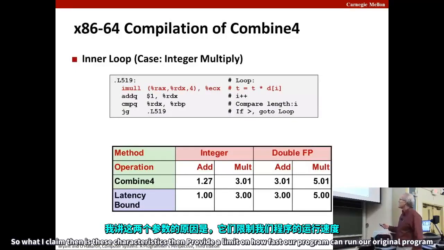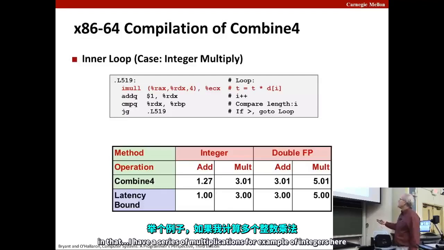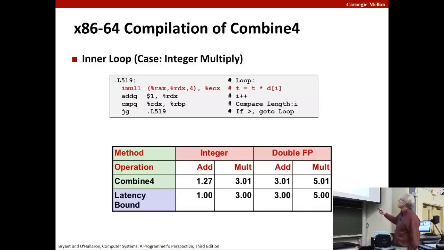So what I claim then is these characteristics provide a limit on how fast our original program can run. In that program I have a series of multiplications of integers, and this shows the code for it.